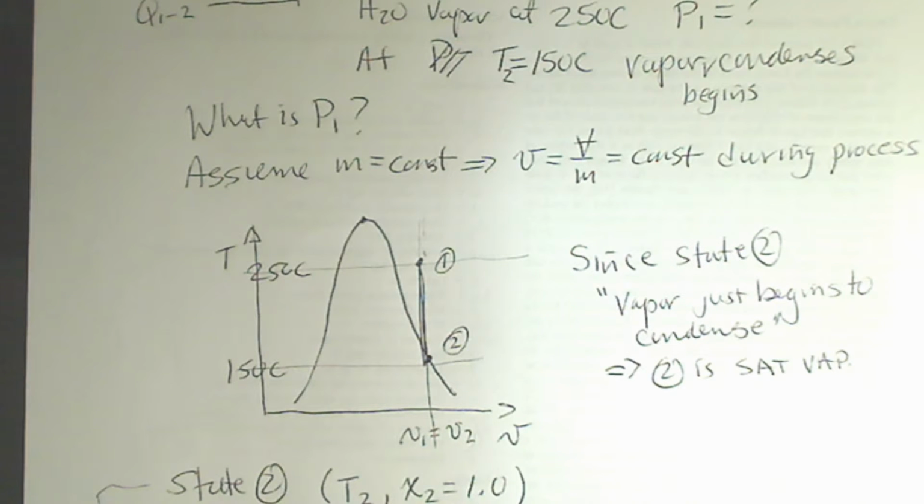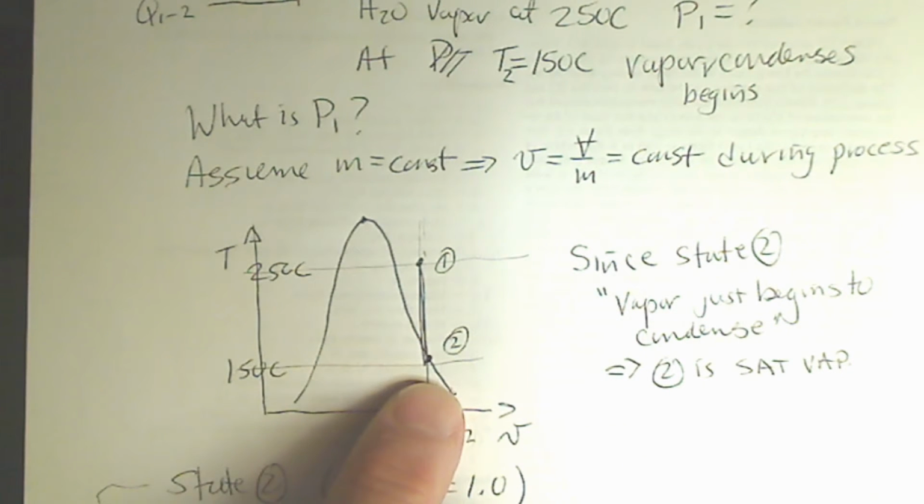Let's see if I can find it. My goodness, this is small. Well, it'll be a moment. But let's see, at 250 degrees, I think that the specific volume, oh, I'm sorry, I need 150 degrees.